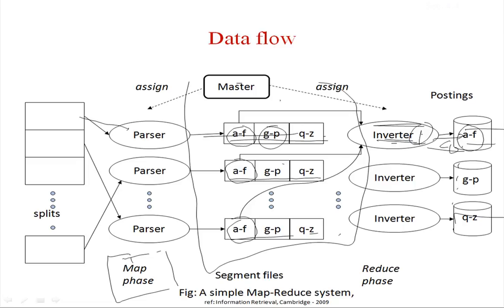For this slot, the master system assigns the task to this inverter, and so on. This step generally reduces the computation task, so we consider it as a reduce phase. Further, in the MapReduce system, we will go through it in more detail.